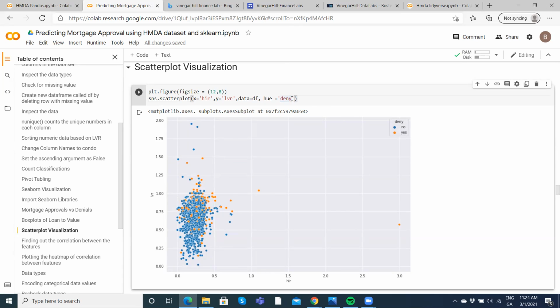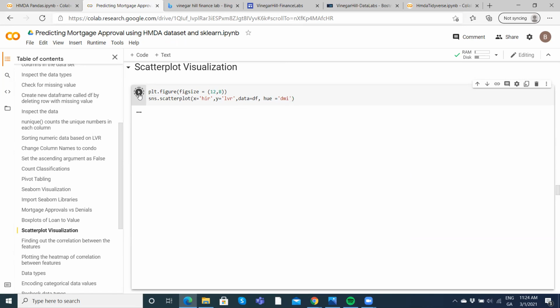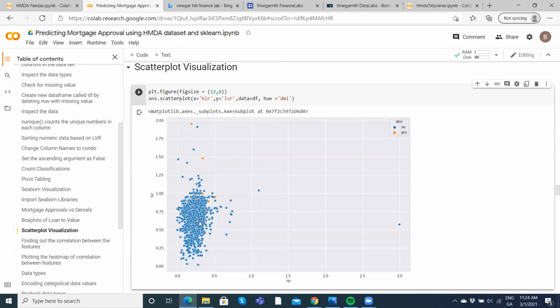Perhaps if we just put in DMI, which is denied mortgage insurance, and ran this graph again, you could see those who were denied mortgage insurance, you could draw a line here perhaps, and we find very few instances below here. If you have a very low LVR and a very low HIR, you tend to get mortgage insurance, right?